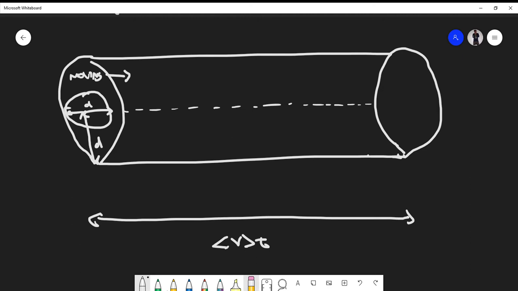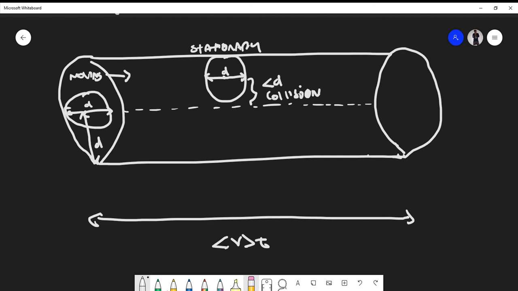And then you can see that we may also have other particles within the tube. Again, in the center we have d, but these particles are actually stationary. So this is the idea that we want to freeze all of the molecules except one, which is moving. And we could also draw another particle to show that it's stationary.